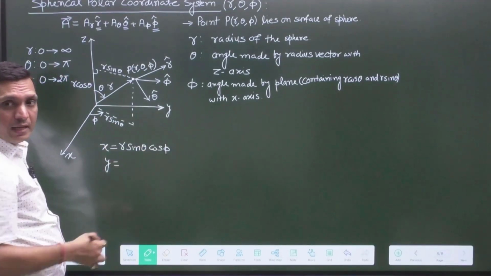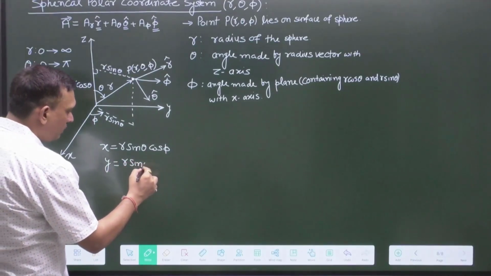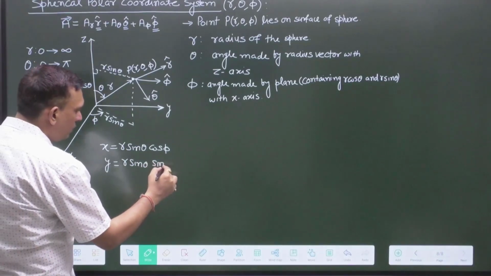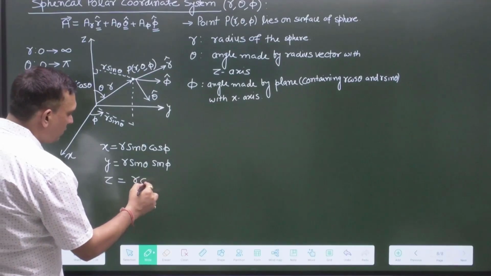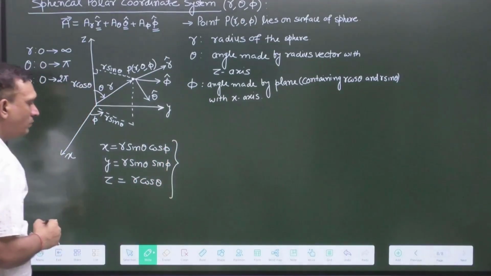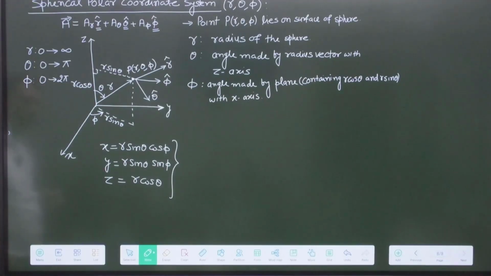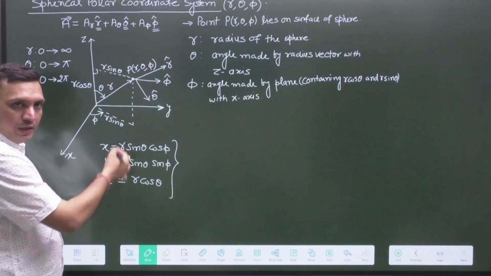In the perpendicular direction, the projection is sin phi. So y is r sin theta sin phi, and z is r cos theta. Z is r cos theta.